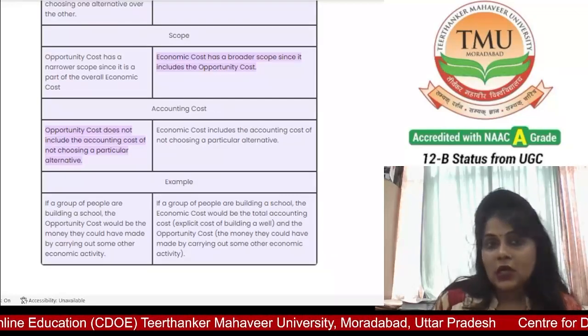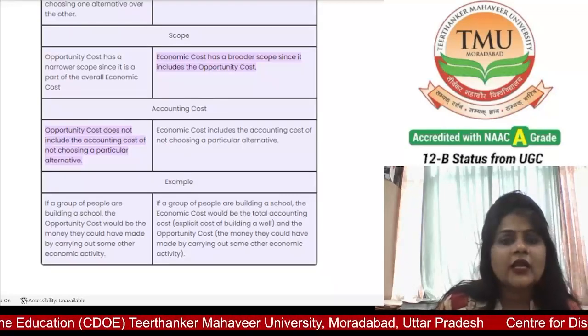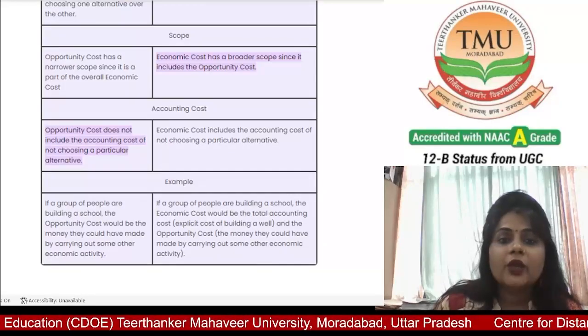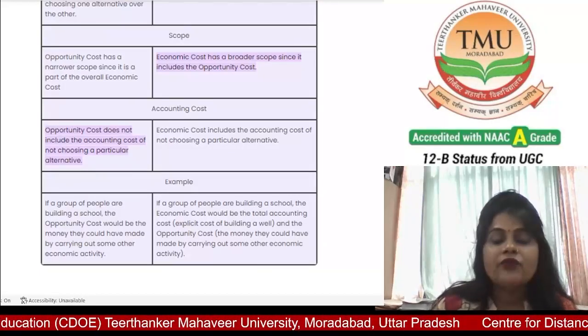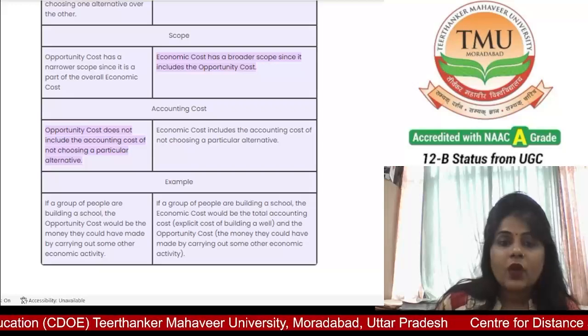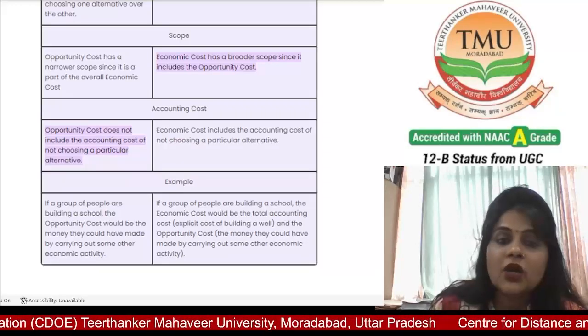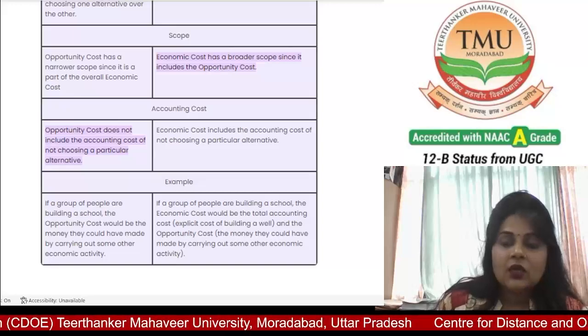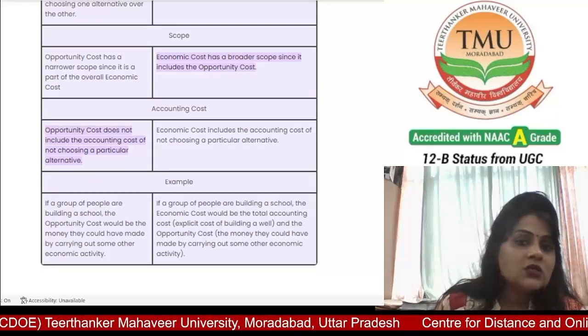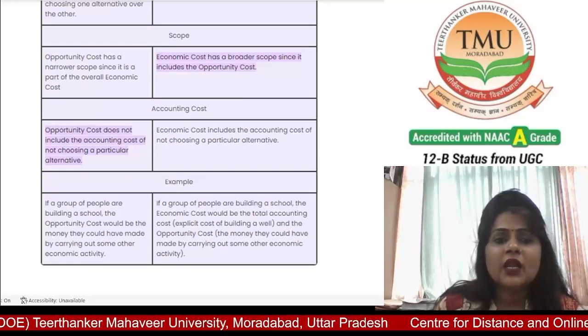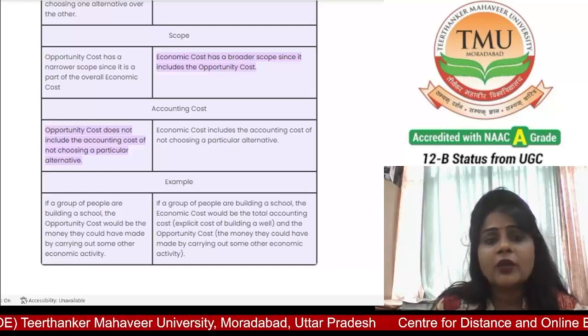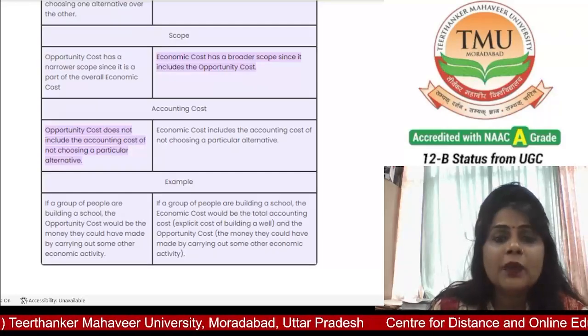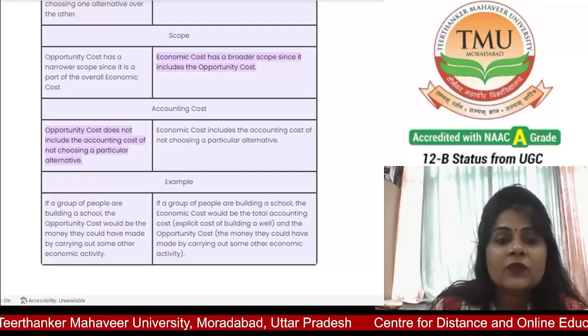And an economic cost is the cost that can be completely attributed to the production of a specific good or service, while an opportunity cost is the money spent implementing a decision.